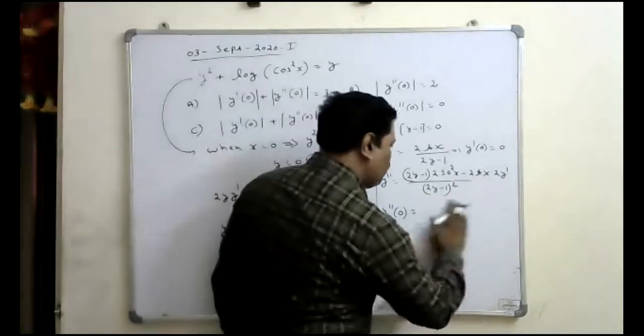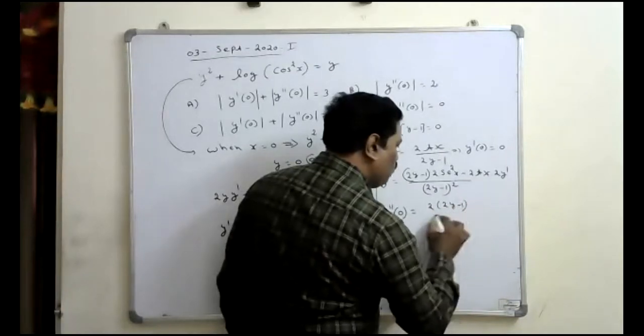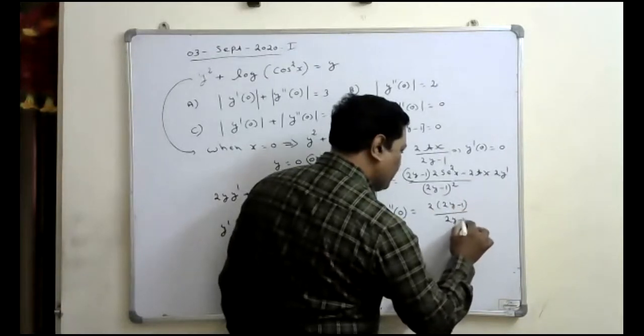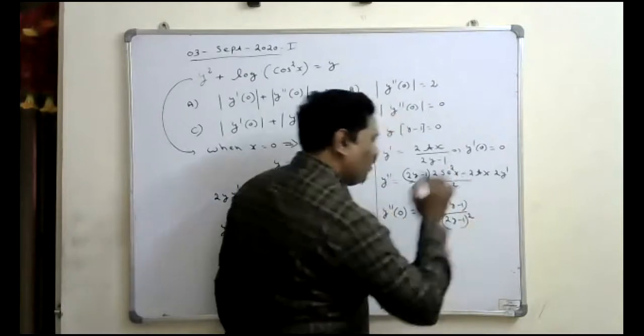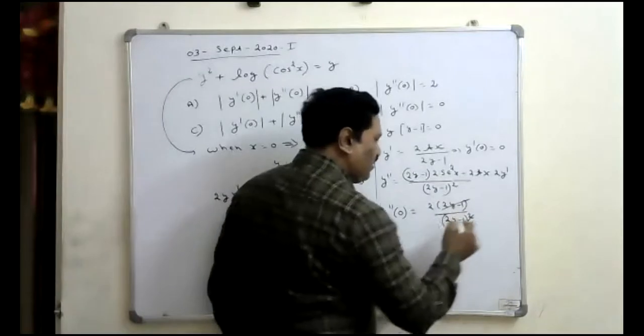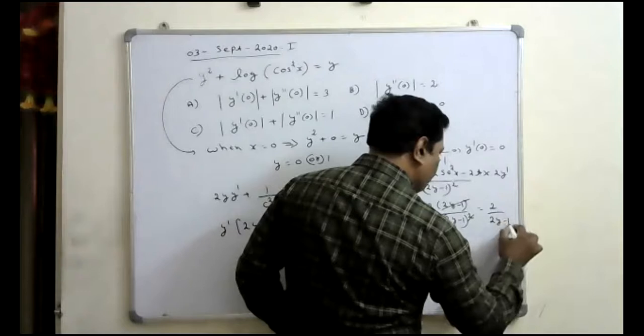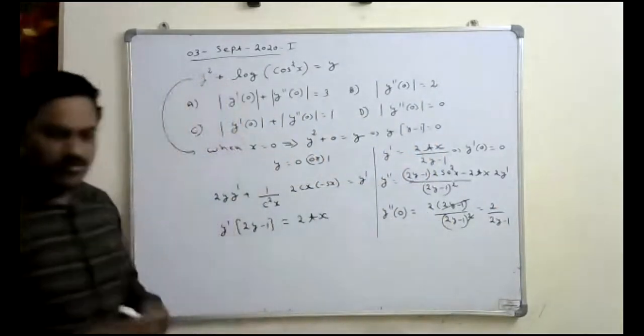This is again 2 into 2y minus 1 upon 2y minus 1 whole square. Where 2y minus 1 I will cancel, and the remaining is 2 by 2y minus 1.